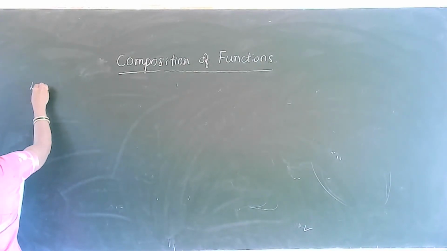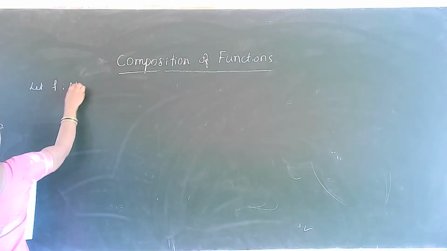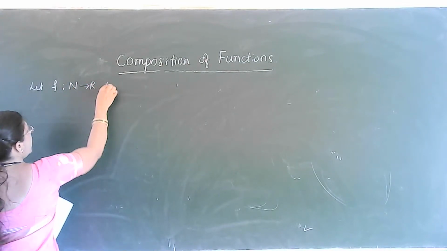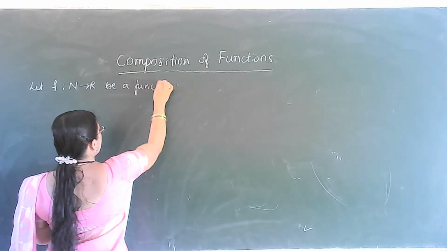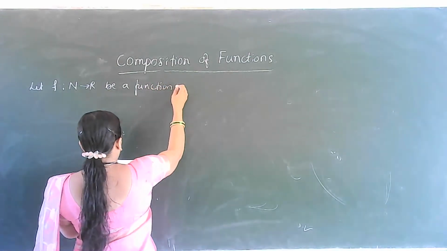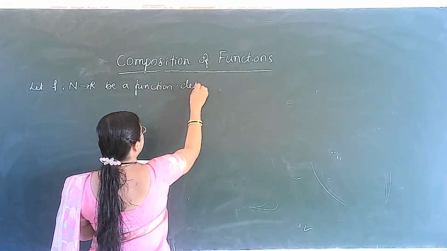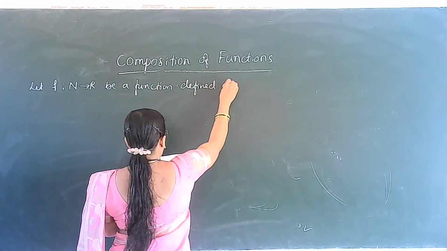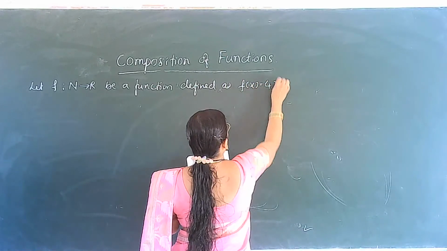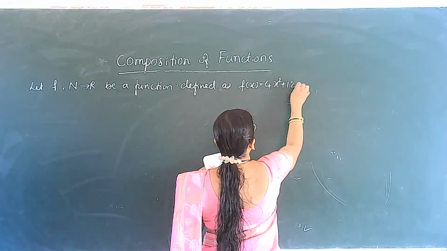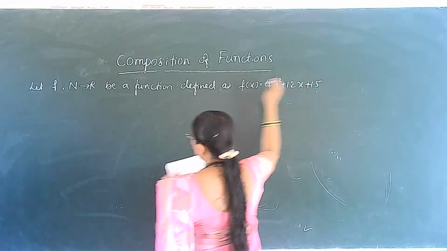Let f be a function from N to R defined as f of x equal to 4x square plus 12x plus 15.